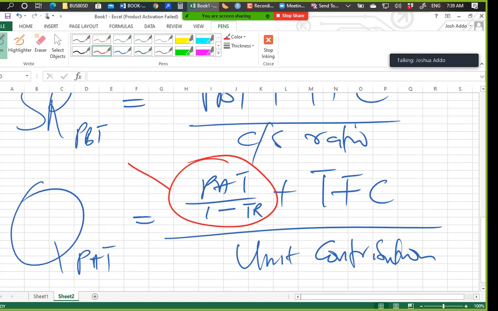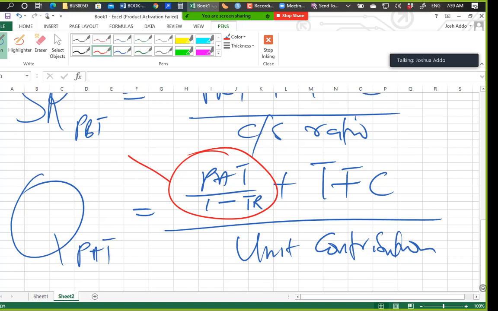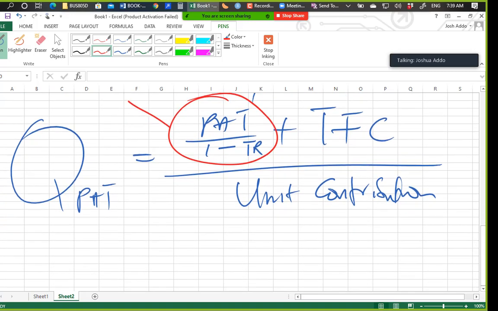Because if you add the 10% tax, that brought you to the after tax profit of 900, you will get back to 1,000, which was the profit before you charge the tax of 10%. So this is the formula. And then you will get the quantity to sell to earn that profit after tax.